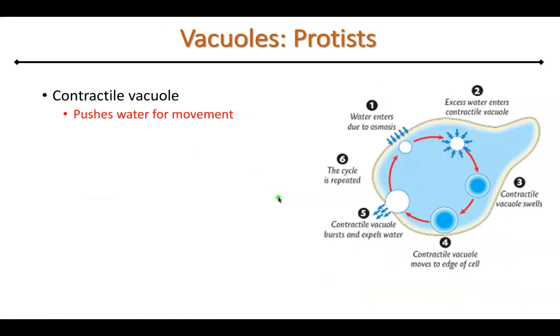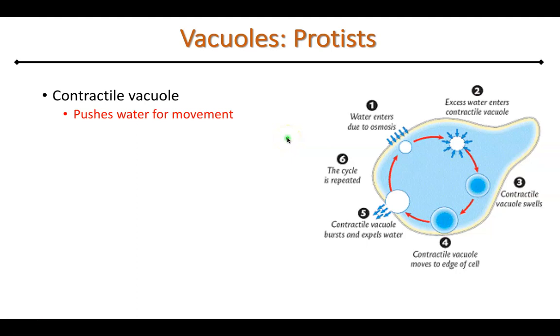Another type of vacuole that protists use, which you might remember from when we talked about it a while ago, is a contractile vacuole. This one is different because storage and central vacuoles are used for holding or storing something, but a contractile vacuole is useful for pushing water out for movement. Think of a balloon.